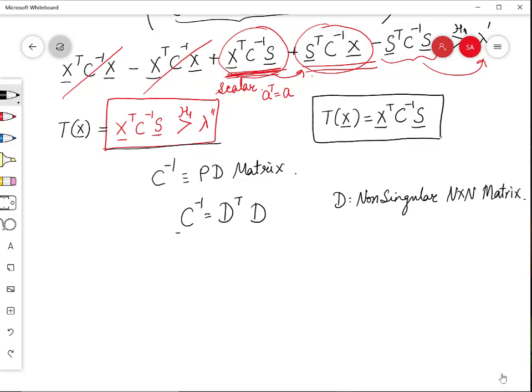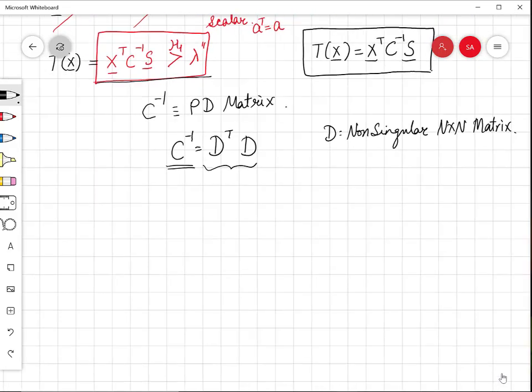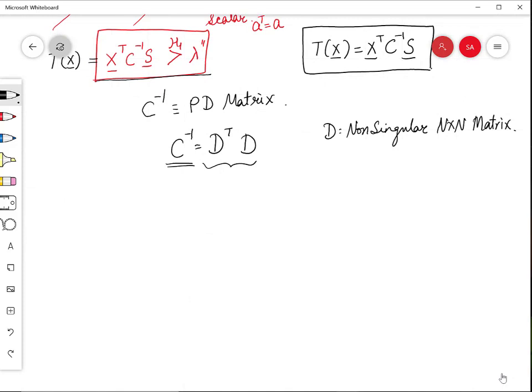Because C inverse is symmetric and positive definite, we can decompose it into this format, D transpose D, and D has a special name, I will tell you what. So I can write my test statistic as X transpose D transpose D S.